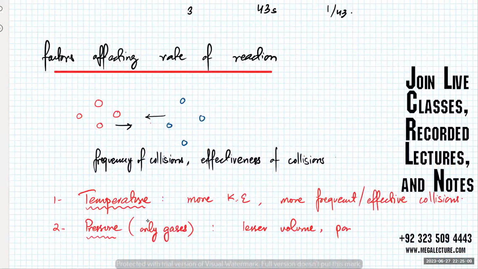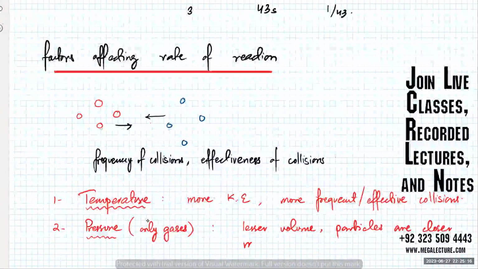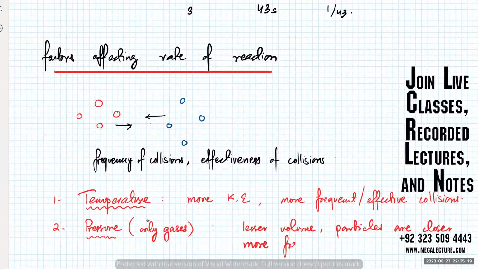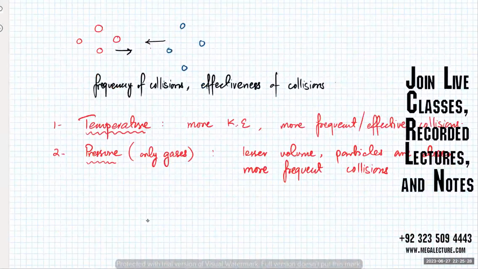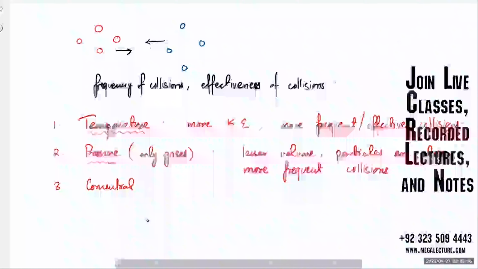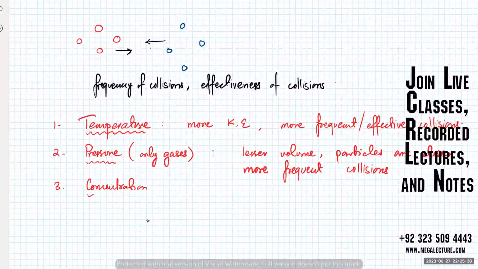So particles are closer, and what you get is more frequent collisions. That's the third one: concentration, and this is for solutions.